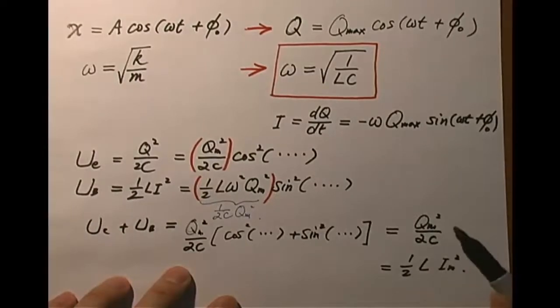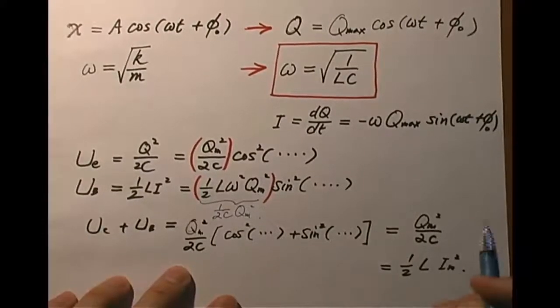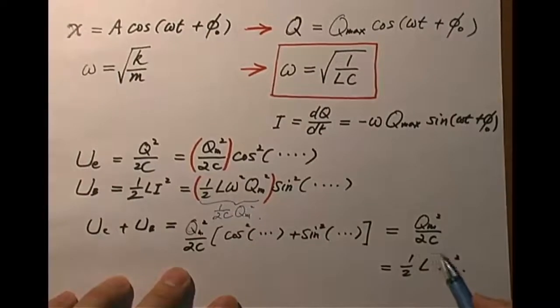And when that Q reaches a maximum value, all the energy is in electrical form stored only on the capacitor. What is the current at that moment? 0. So at that moment, the energy on the capacitor is Q maximum squared over 2C. It is also equal to the total energy because at that moment the magnetic energy on the inductor is 0 since the current is 0.